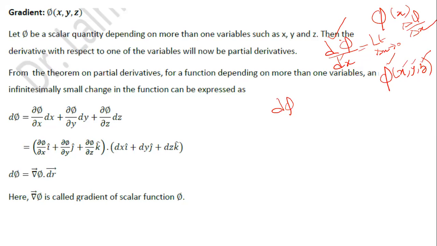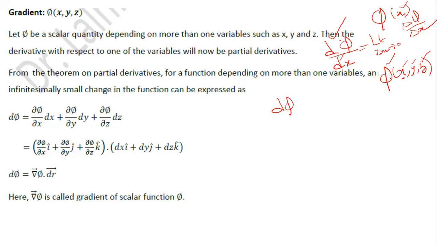So when the function depends on only one variable, whenever we talk about change in phi, it has to be change in phi with respect to change in x only, right? But if we have a function which depends on more than one variable, change in the function can occur with respect to changes in x.